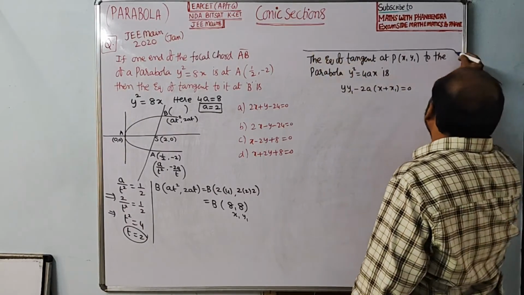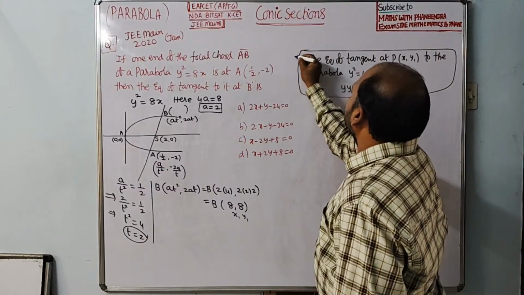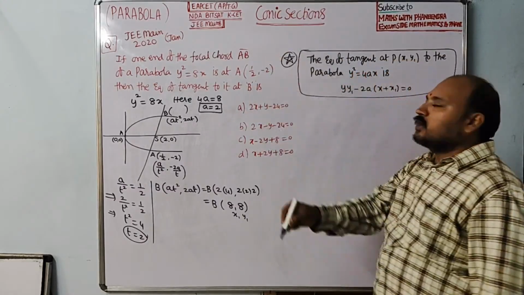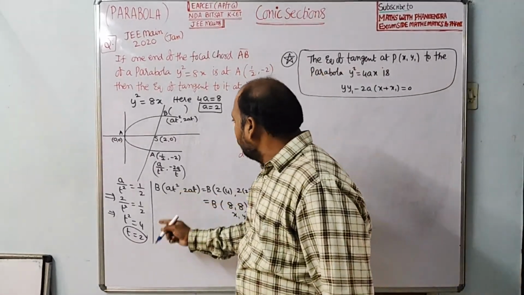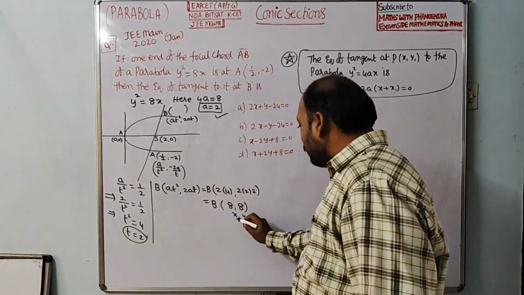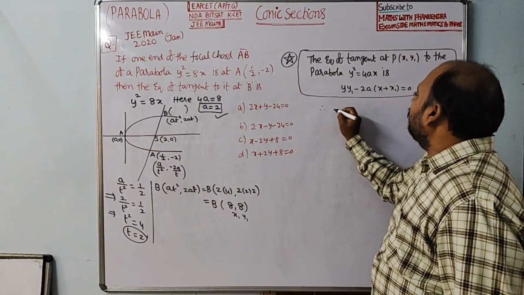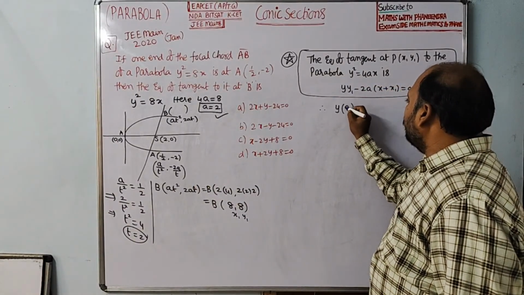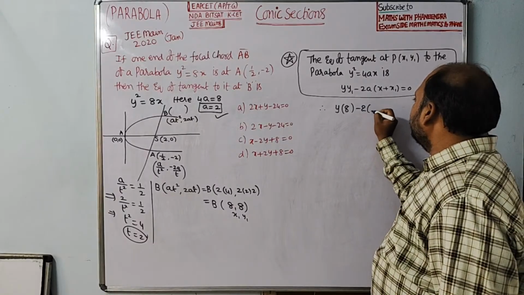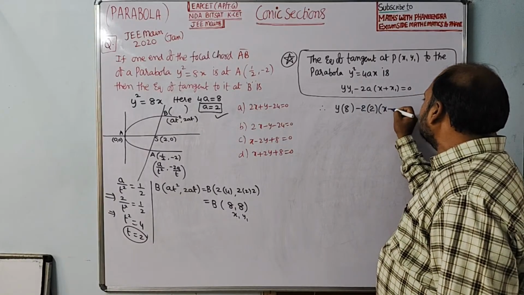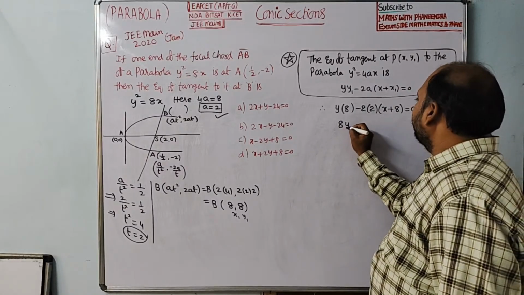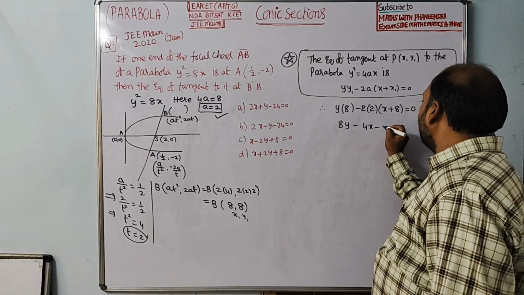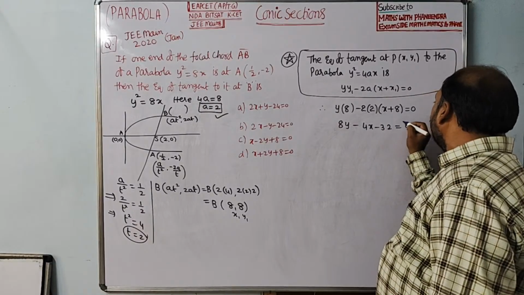Dear students, keep in mind this is the formula for the equation of tangent at x1 comma y1 to the given parabola. Everything is available here. A value we have, x1, y1 values also we have. Therefore, y into y1 value 8 minus 2 into x plus 8. So 8y minus 4x minus 32 equal to 0.